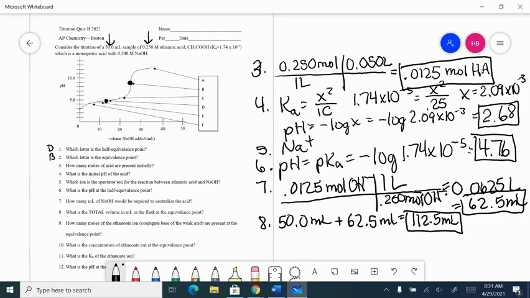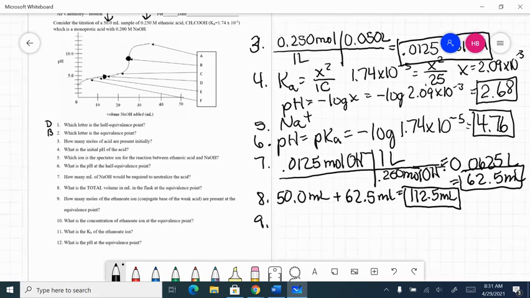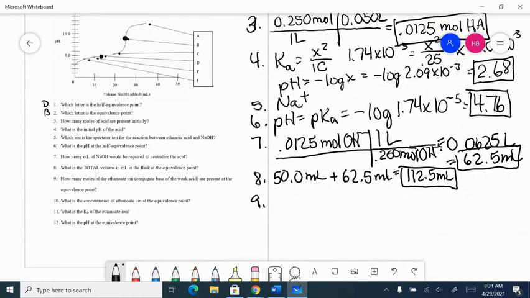The answer to number 8 is 112.5. 9 says, how many moles of the ethanoate ion, the conjugate base of the weak acid, are present at the equivalence point? Same thing. We started with 0.0125 moles of weak acid. Therefore, the conjugate is going to be the same.